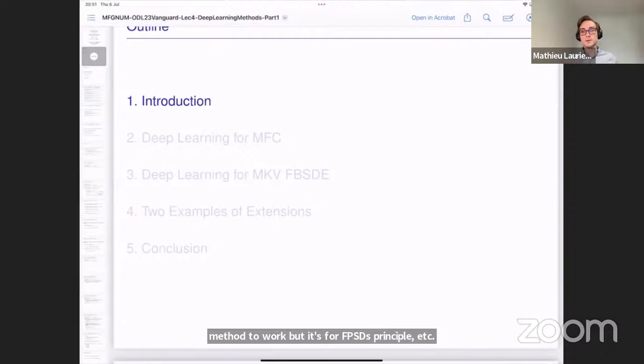In fact, the second method will be somehow a corollary of the first one. So the main point is the first method, and the second method, with one extra trick, we reduce FBSDEs to control problems, and then we solve the control problem using deep learning.